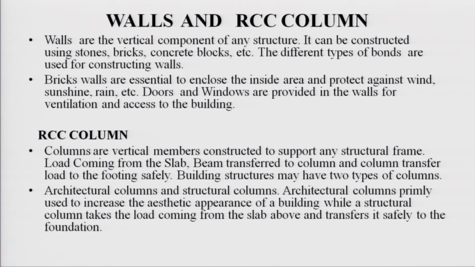One is architectural column and another is structural column. Architectural columns are primarily used to increase the aesthetic appearance of the building, while a structural column takes the load coming from the slab above and transfers it safely to the foundation.